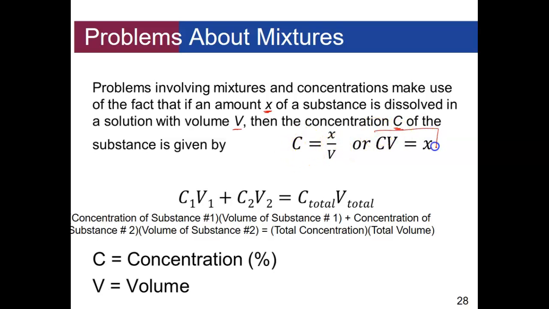We're actually going to work with this form a little bit more than this form today, because we're going to say the concentration and the volume of the first substance plus the concentration and volume of the second substance is going to equal the concentration and volume of the final or total substance. Keep in mind your concentration will be given to you as a percentage, and you need to convert that to a decimal to use that in your equations.